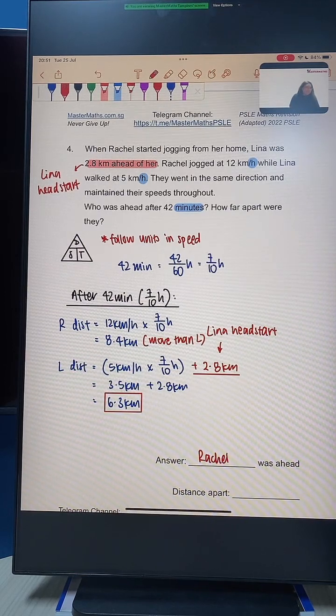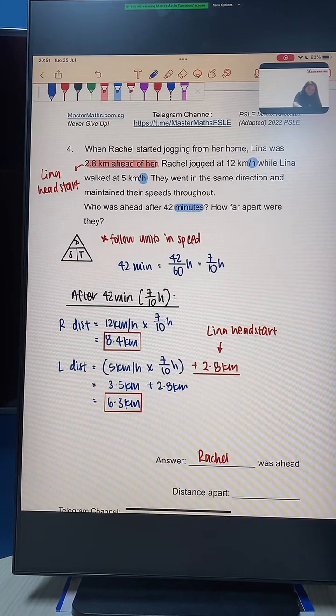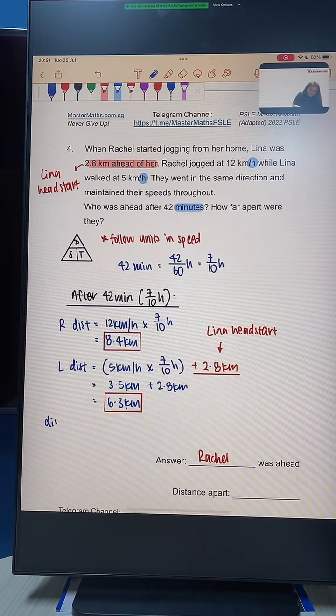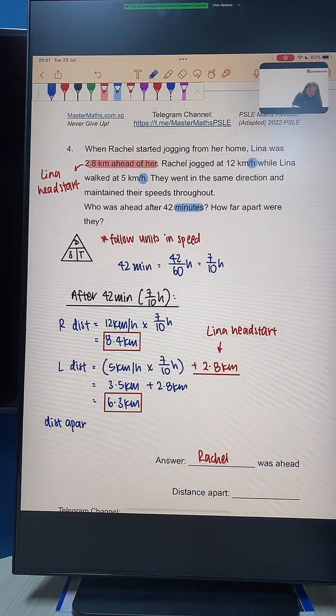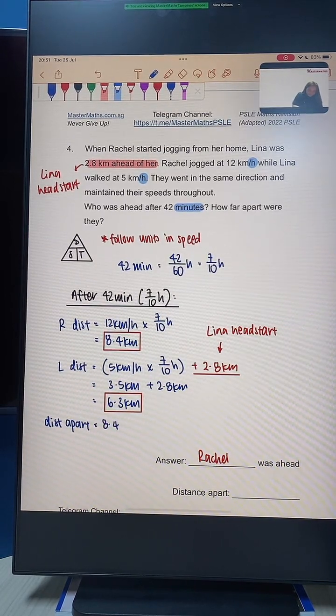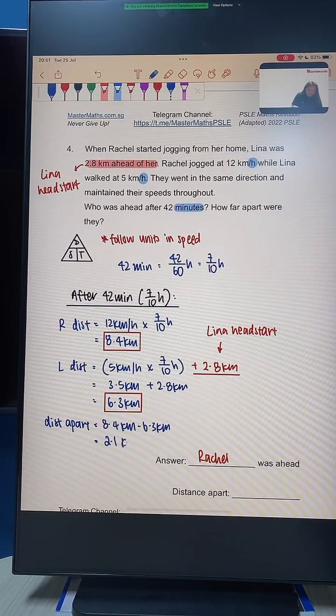And the distance apart, all we have to do is subtract. So we will take 8.4 minus 6.3. This will give us the distance apart. So 8.4 km minus 6.3 km gives a total of 2.1 kilometers.